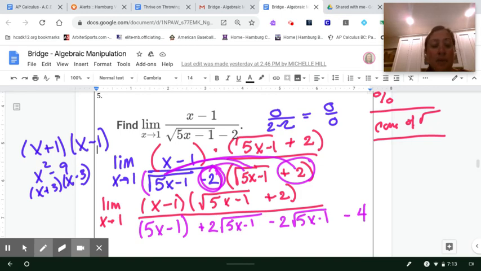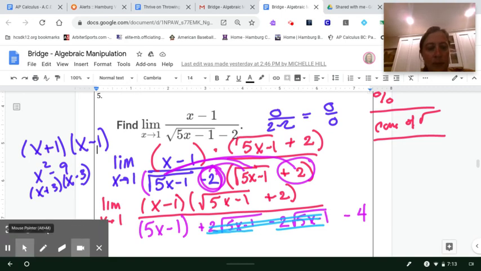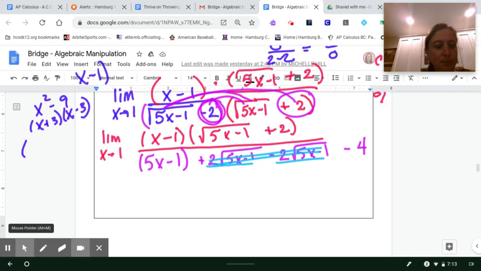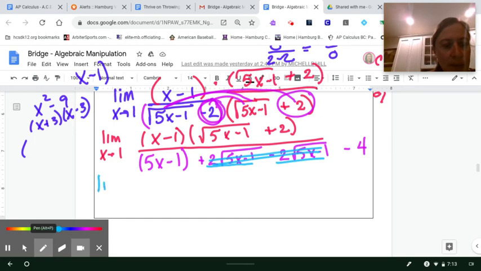Now, multiplying by the conjugate is always nice because the middle two terms should always cancel. Positive 2 radical 5x minus 1 and negative 2 radical 5x minus 1 cancel out. So I really have the top over the bottom. I still have the limit as x approaches 1.